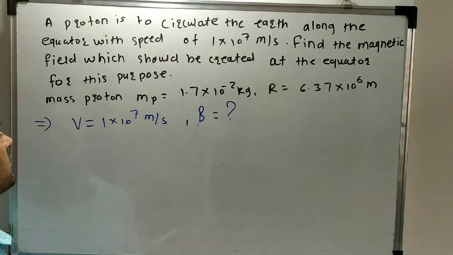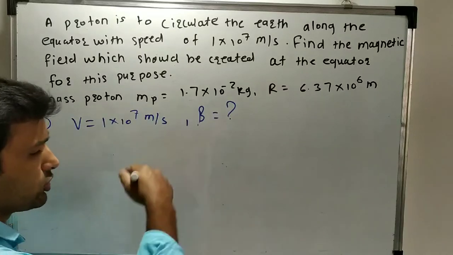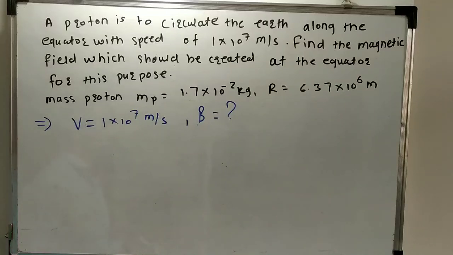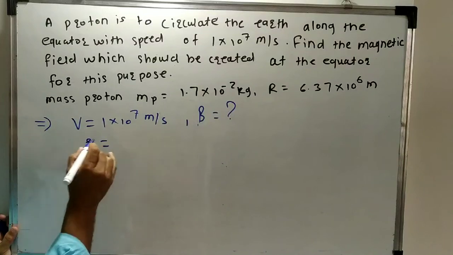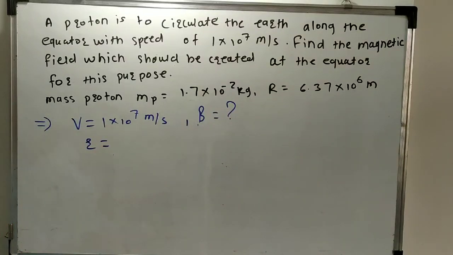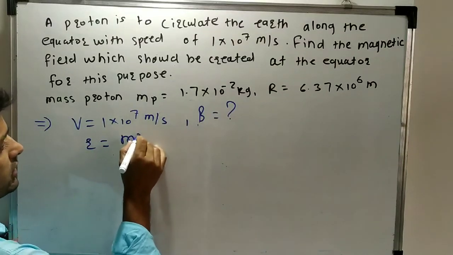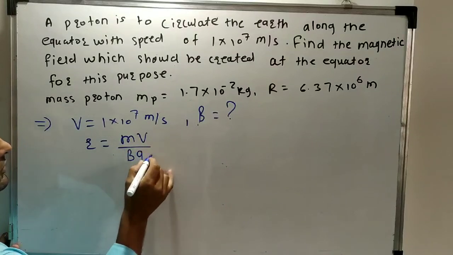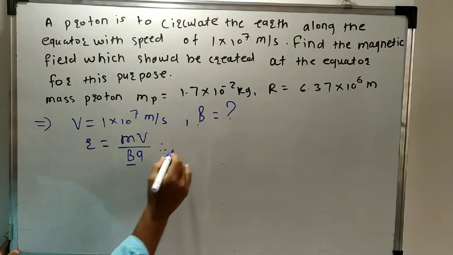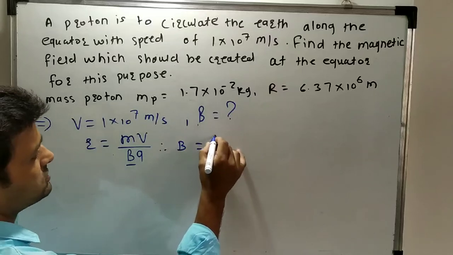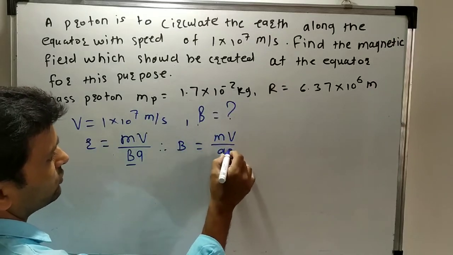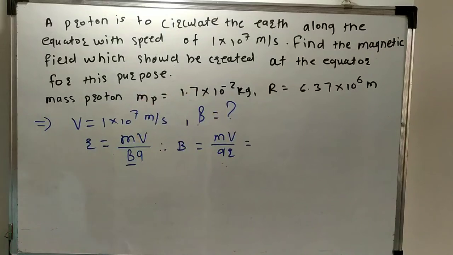So how to determine the value of B? From the equation of the radius of a proton revolving in a circular path, from the topic of the cyclotron, we can write R is equal to mv upon Bq. From this formula, B becomes mv upon qR. Put the given values here.